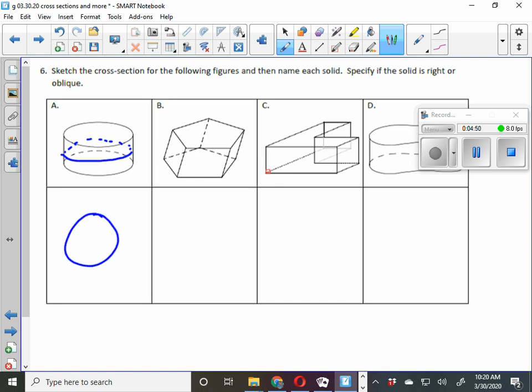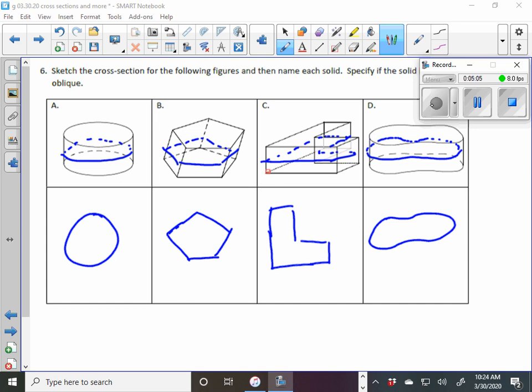That's just going to be a circle, right? Same thing's going to be true for all of these. That's just going to be a pentagon. So the last two I did, so the video doesn't get so long. You get the idea, I hope.